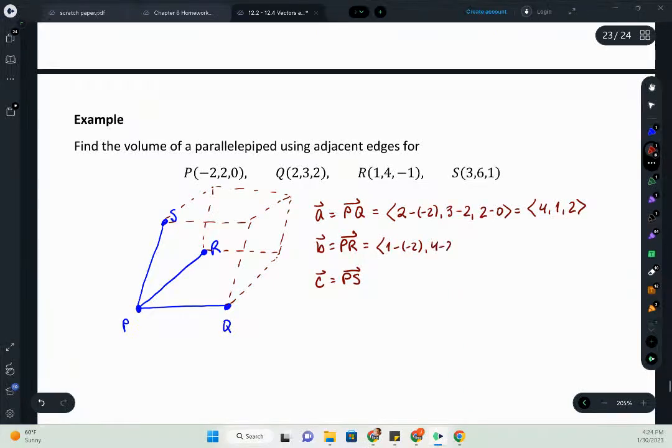I have 4 minus 2, and negative 1 minus 0. And that simplifies to be 3, 2, negative 1. My C vector is PS. So just take the components of S and subtract P. We get 3 minus a negative 2, 6 minus 2, and 1 minus 0. And that simplifies to be 5, 4, 1.